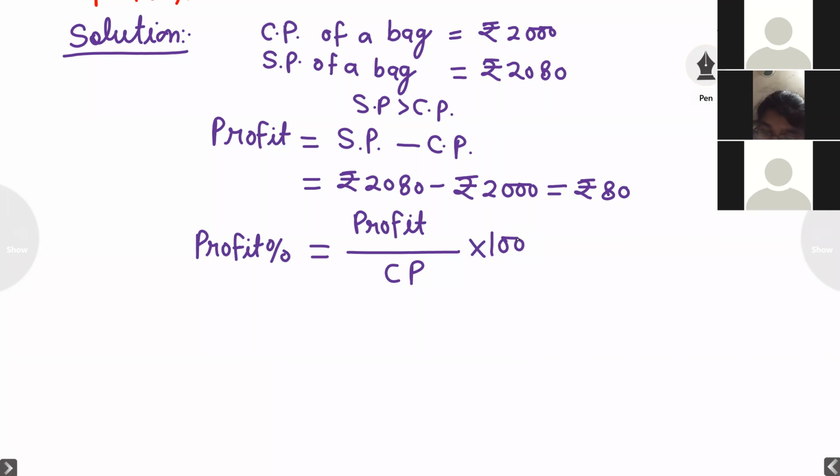I want to substitute the values here. Profit we got is 80 rupees, into 100, divided by cost price 2000.